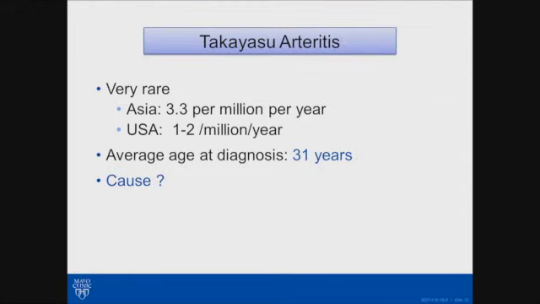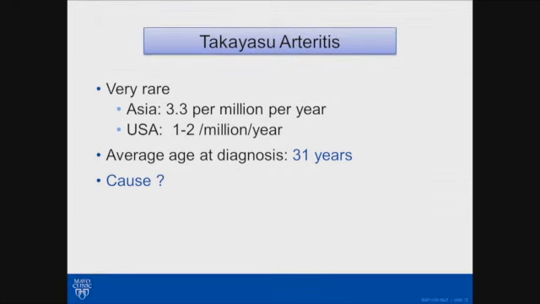Very briefly, Takayasu arteritis has a lot of similarities with giant cell arteritis, but is much less common. So this condition is more frequent in populations in Asia, but is also seen in the US and worldwide, much less common, affecting about 1 to 2 million individuals per year.